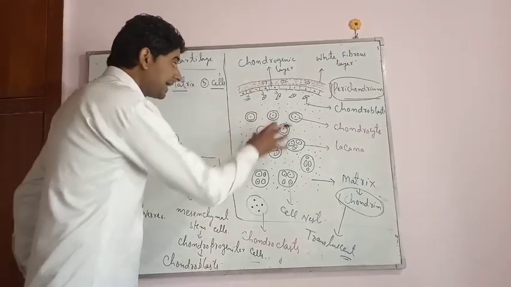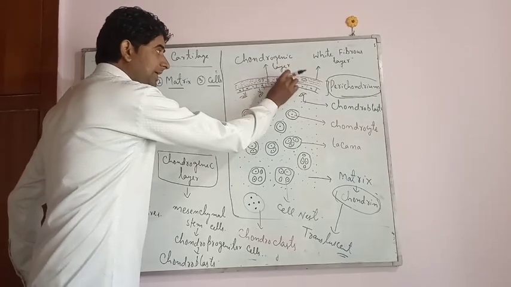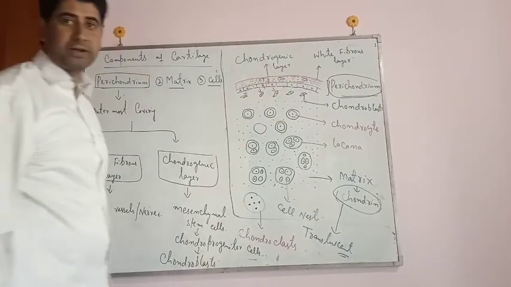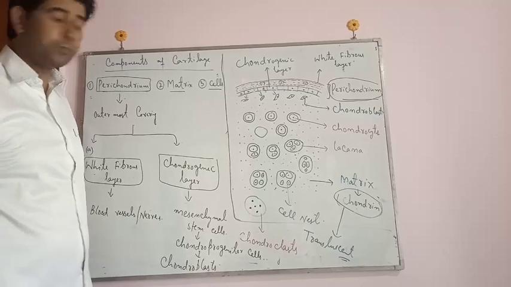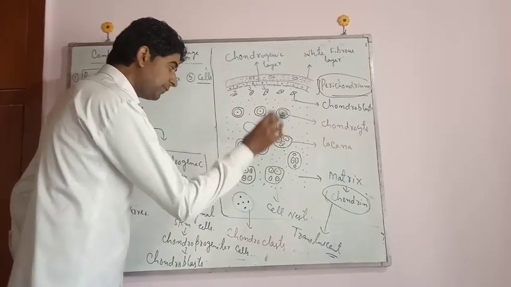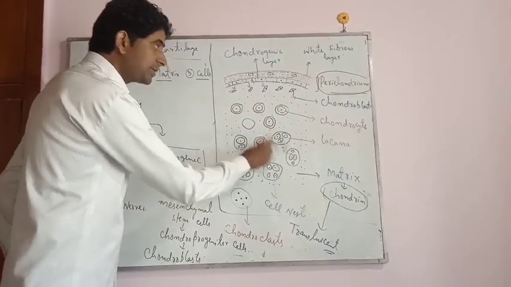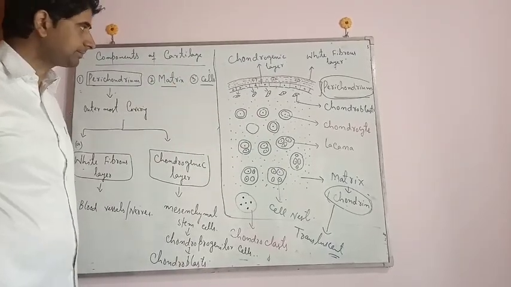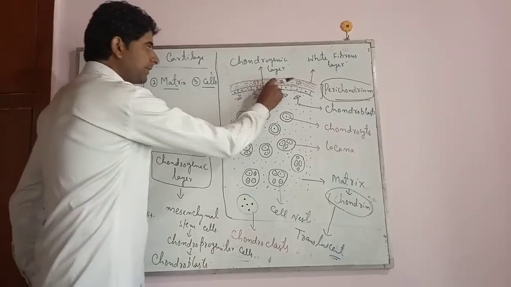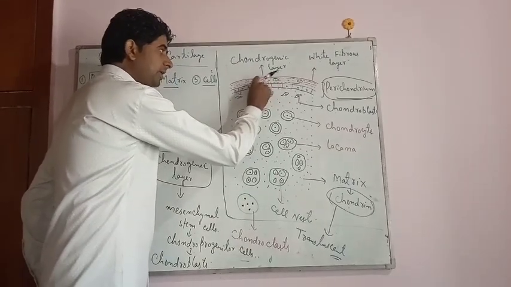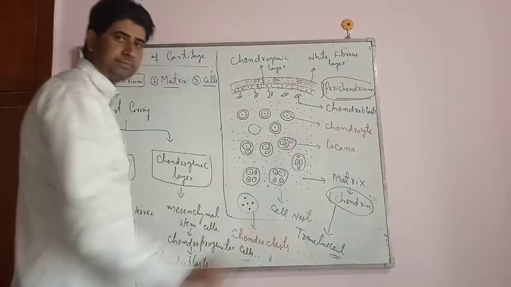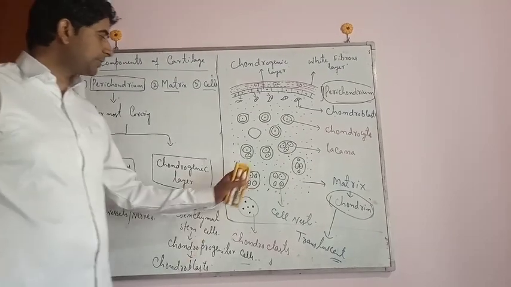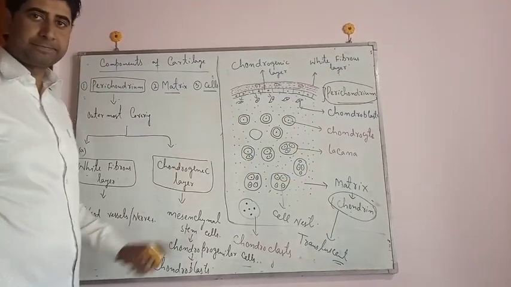Because the characteristic feature of cartilage is that it possesses only peripheral vasculature. Here, the blood supply within the interior region of the cartilage is absent, which we already discussed. So from these blood vessels, the nutrients and oxygen diffuse inwards and provide nourishment to these cells.